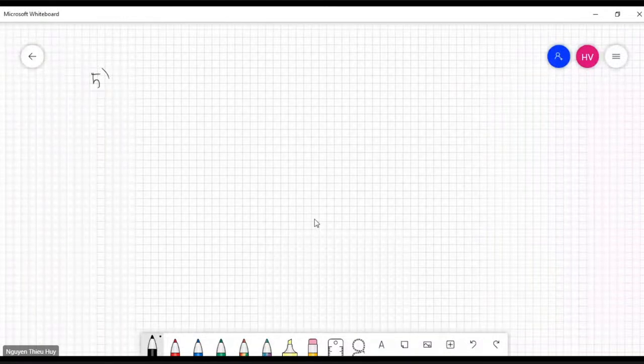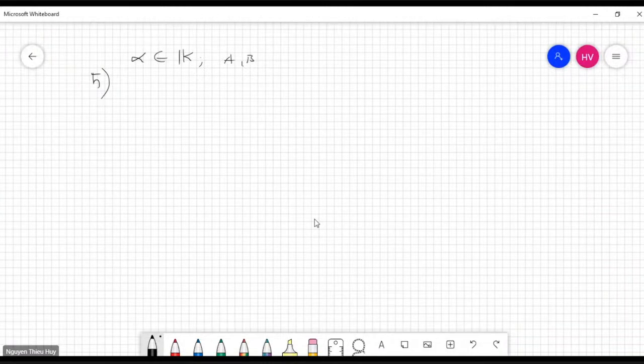So we have alpha in K and A, B in M_{m×n}(K). I write this way to guarantee that A and B have the same size, m rows and n columns. Now I multiply alpha with A plus B; you don't have to put a dot here, it's redundant.